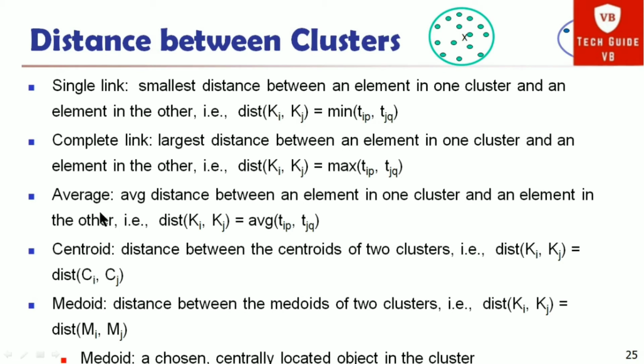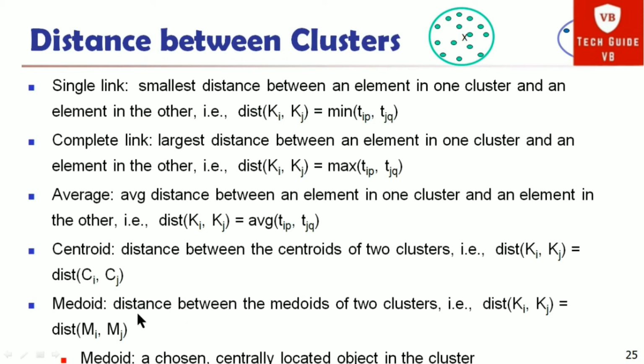Then the average term is used when we take the average distance between elements in one cluster and elements in the other cluster. So if we take the average of these distances, then it is the average term. The centroid means the distance between the centroids of two clusters. The distance between the centroids of two clusters is given here.